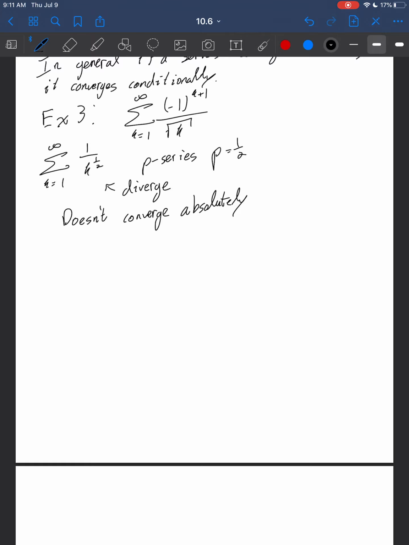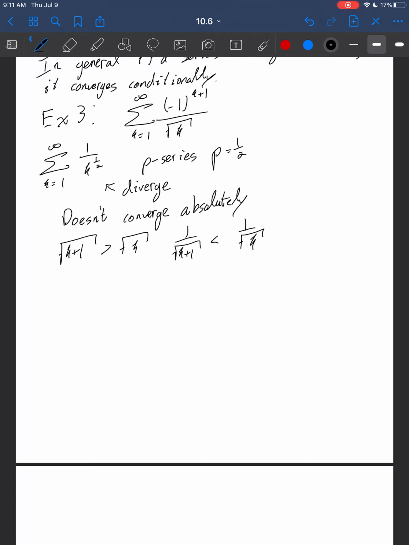Well, we need to check a couple of things for this. We're going to use our alternating series test because this is an alternating series. So we certainly have that k plus 1 is greater than the square root of k. So taking reciprocals, we have 1 over the square root of k plus 1 is less than 1 over the square root of k. And so we do meet our condition where the terms are going to be non-increasing.